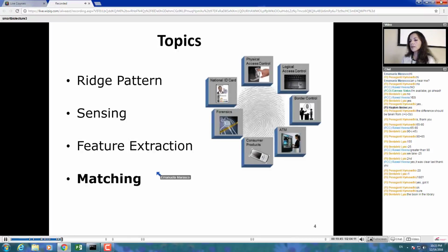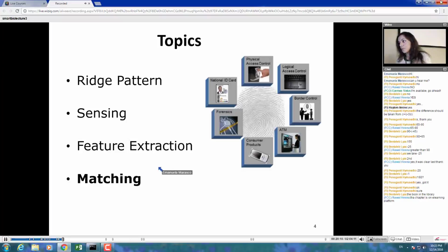Right? There is a question, the book in the library. So this is the book. It's from Jane and Ross. You can see it. Introduction to Biometrics. I provided you the chapter number 2. Yes, the chapter is on the platform.